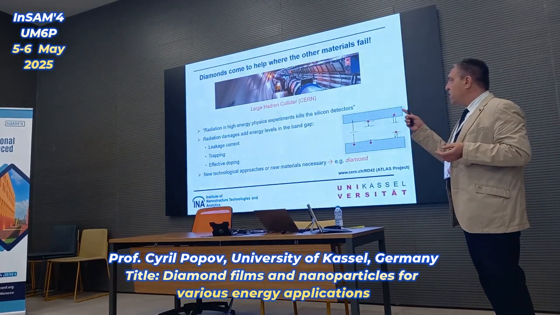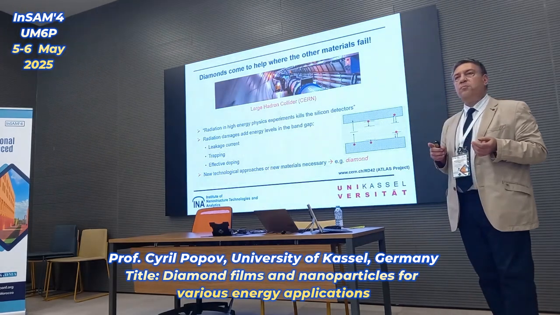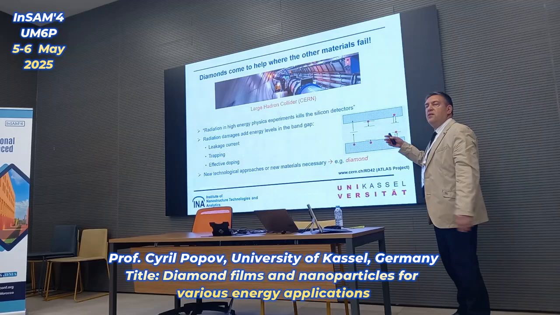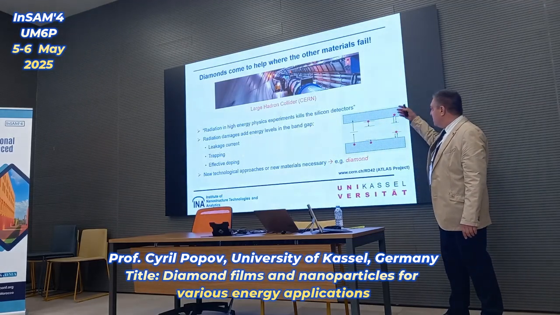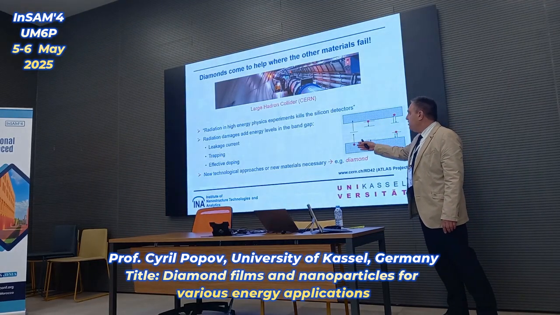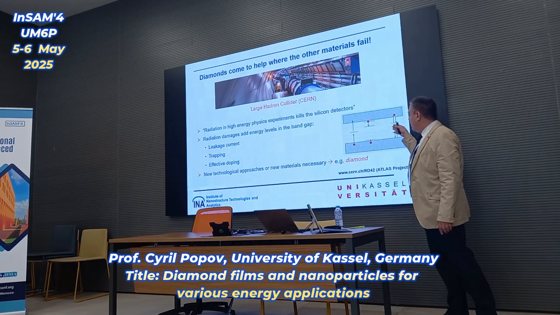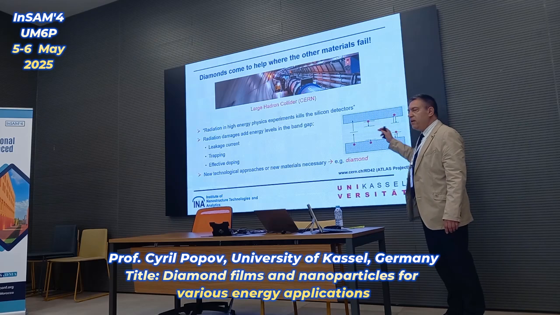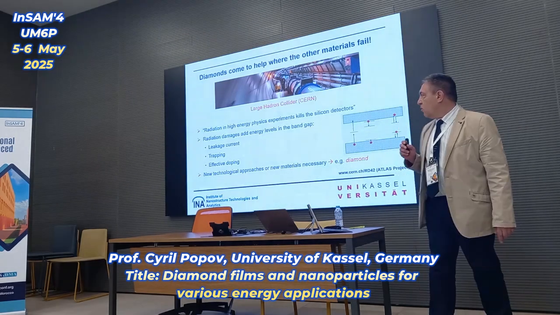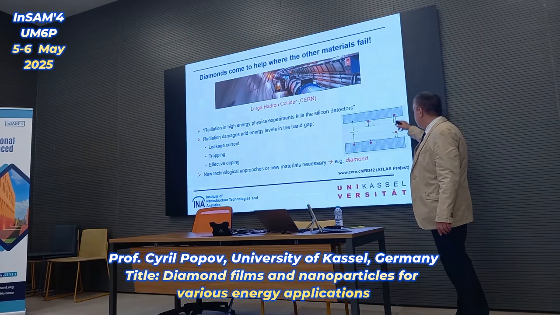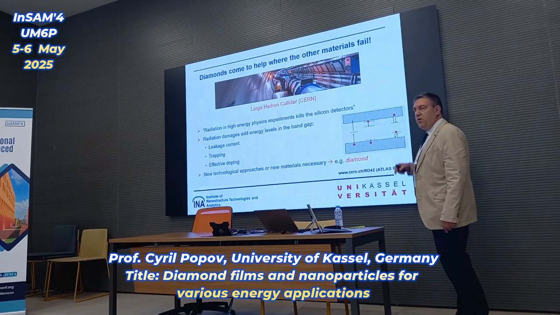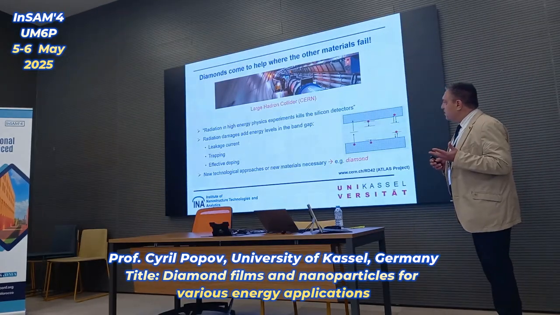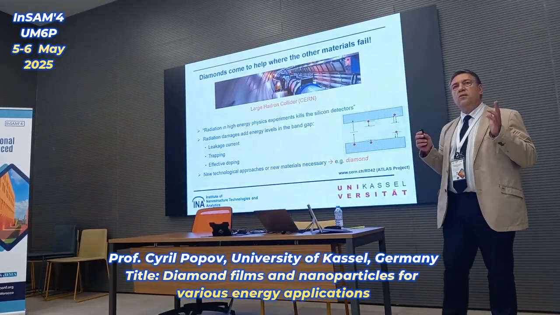This is because the radiation damage by these high energy particles adds energy levels in the band gap of silicon, which, as we heard in the previous lecture, is a semiconductor, and they introduce these energy levels in the band gap, resulting in leakage current, in trapping of the carriers, or they also create effective doping above or below the two bands.